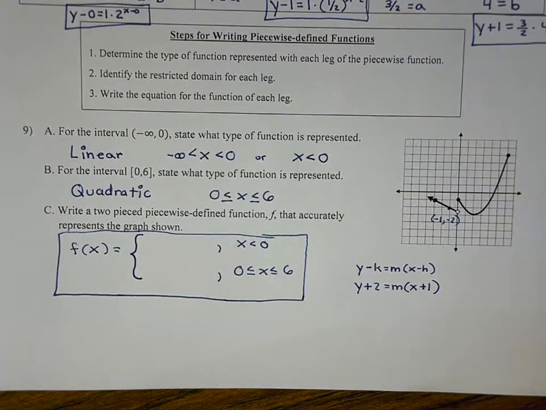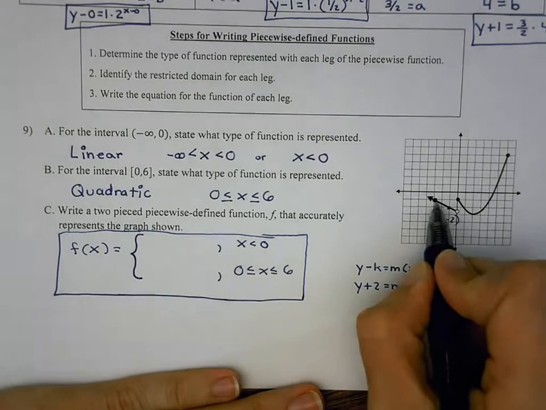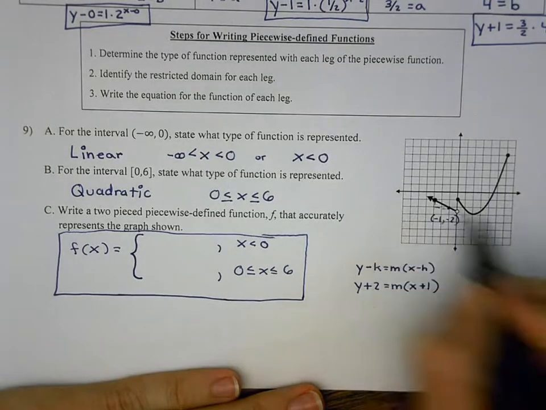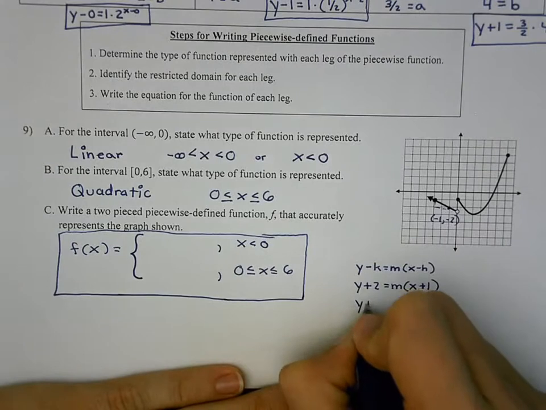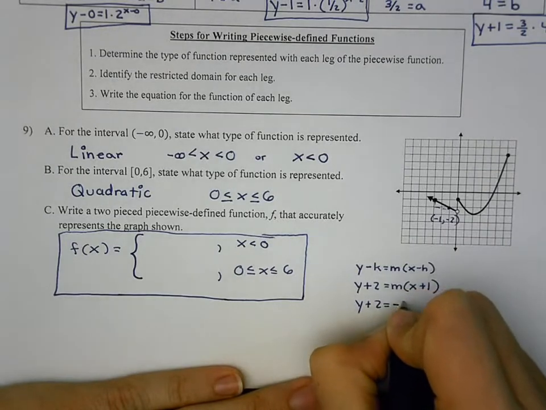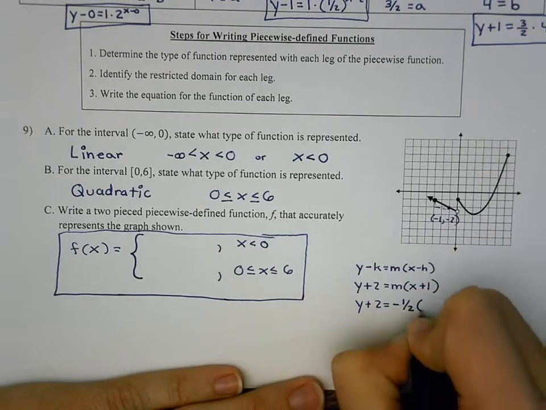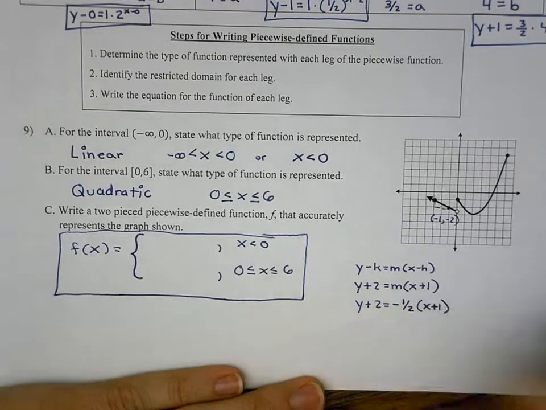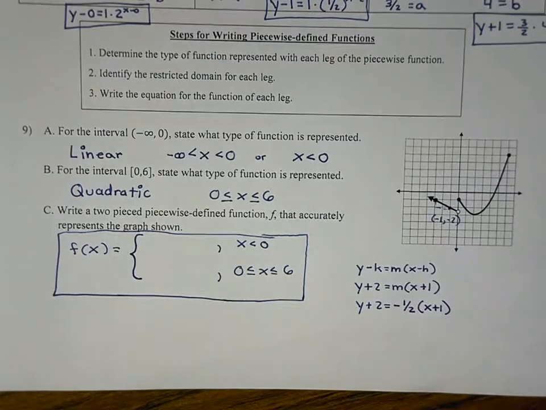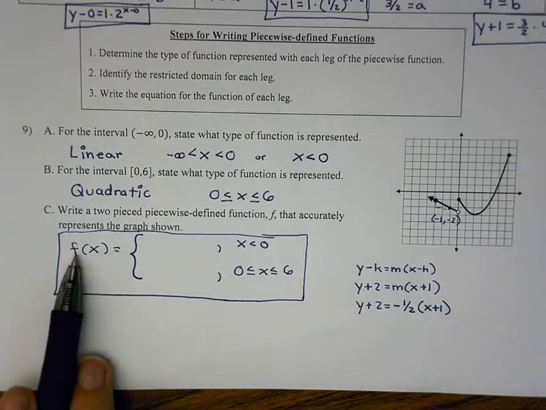Okay, what's your slope? Well, this is a negative slope. It's down 1 over 2. It's a negative slope, down 1 over 2. And then to put this into this equation, notice this says f of x equals or y equals.